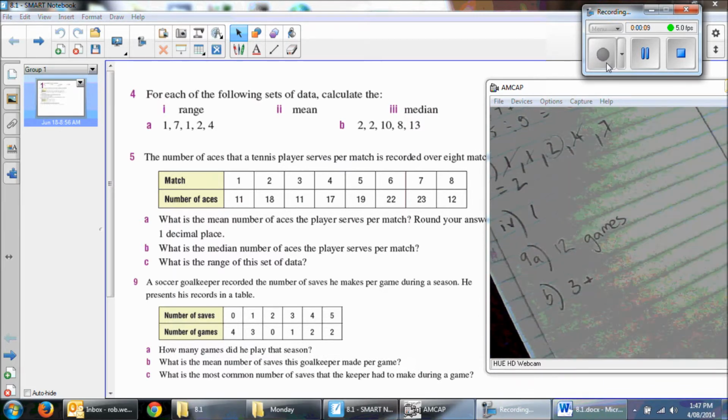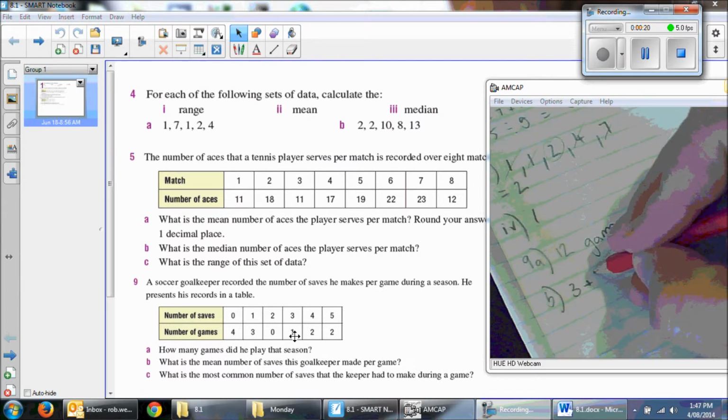Then we go to the second column, where it's 2 saves per game. He made 0, so there's nothing there. Here he made 3 saves once, so that's a total of 3 saves.